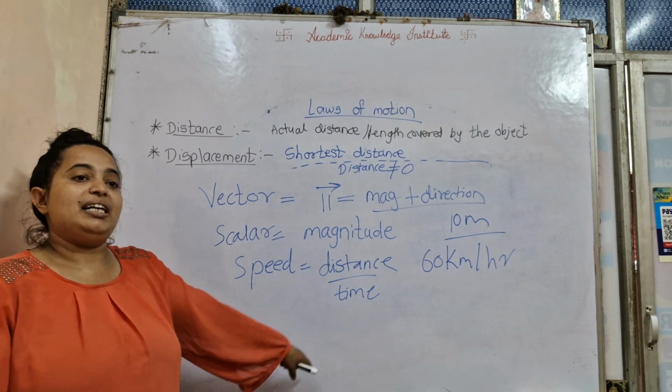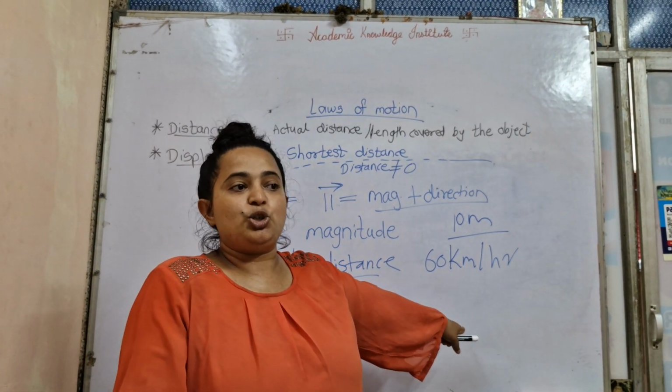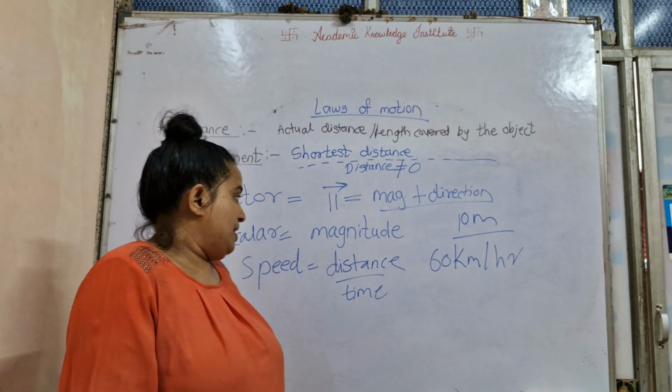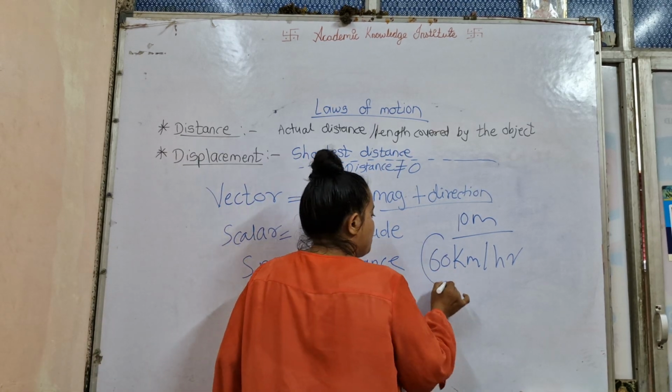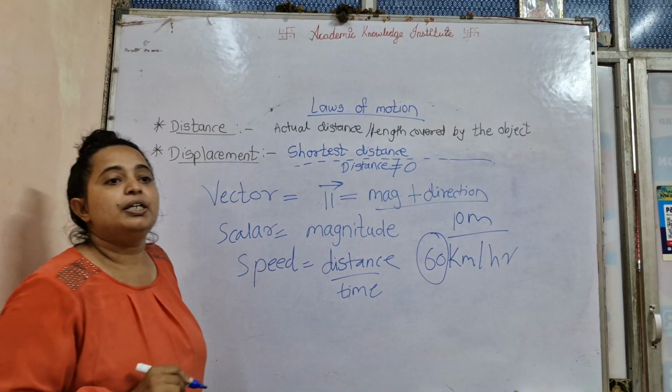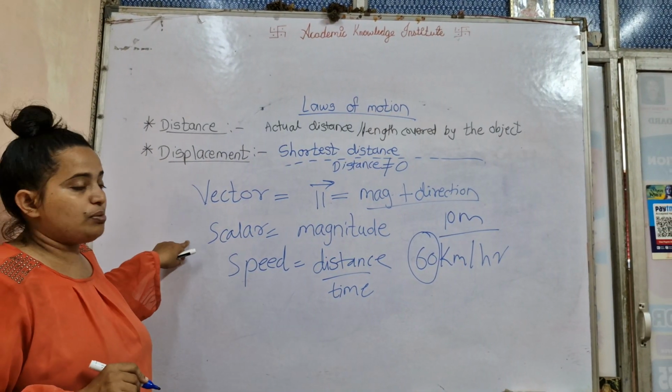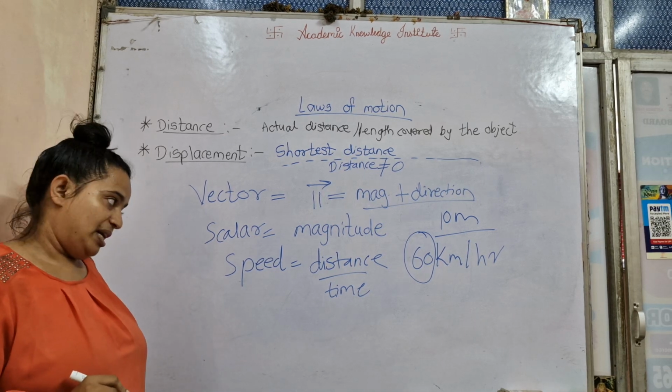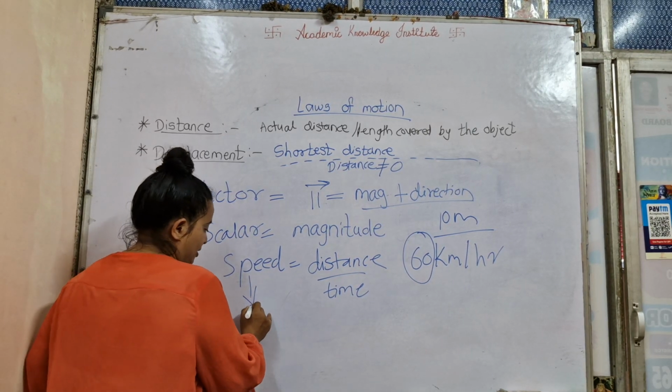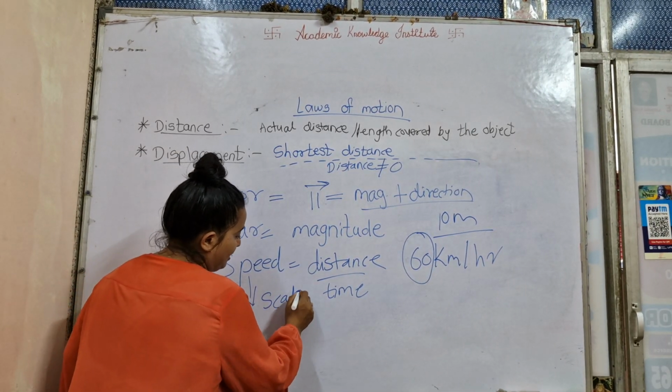No. Is it like that if you are going north your speed should be more? No. That means only the magnitude matters. So if only magnitude matters, then it is a scalar quantity.